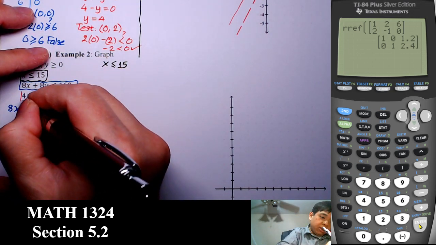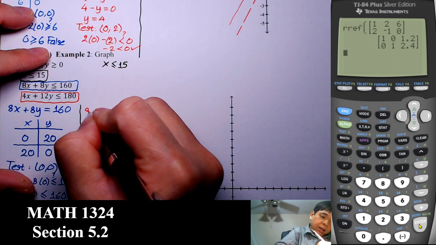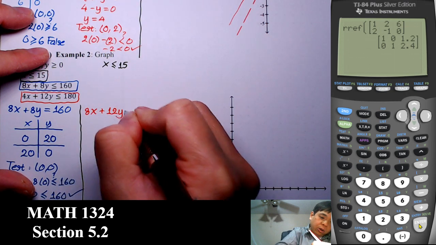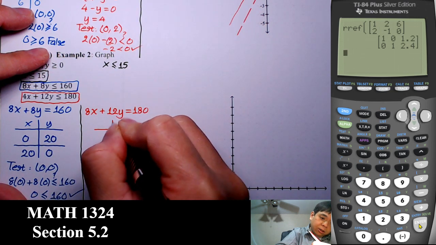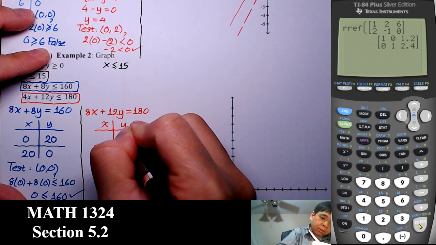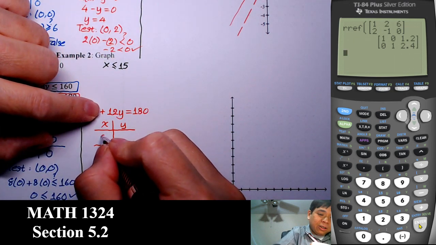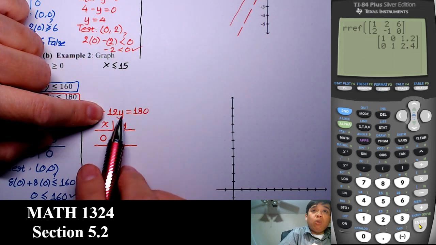Now we want to graph this one: 4x plus 12y equal to 180. We just make it equal to. When x equal to 0, we have 12y equal to 180.